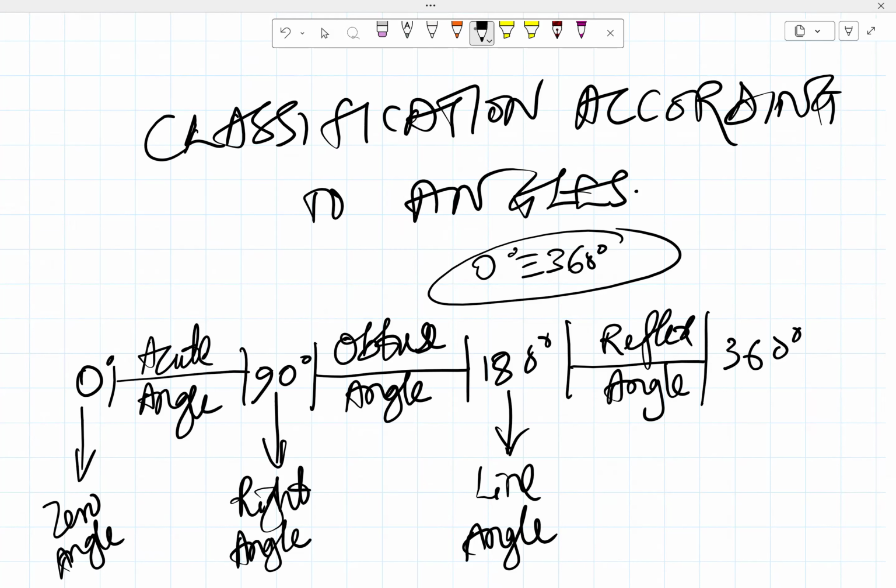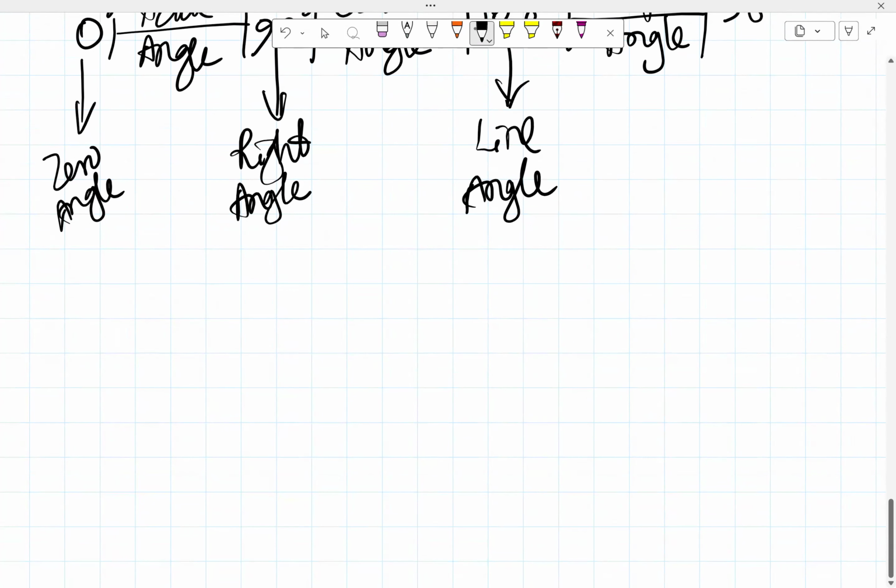Angles at a point are said to be like this. If you have this point now, that's zero dimensional and that is 0 degrees. In the same way, if you have a complete revolution, that is 360 degrees.